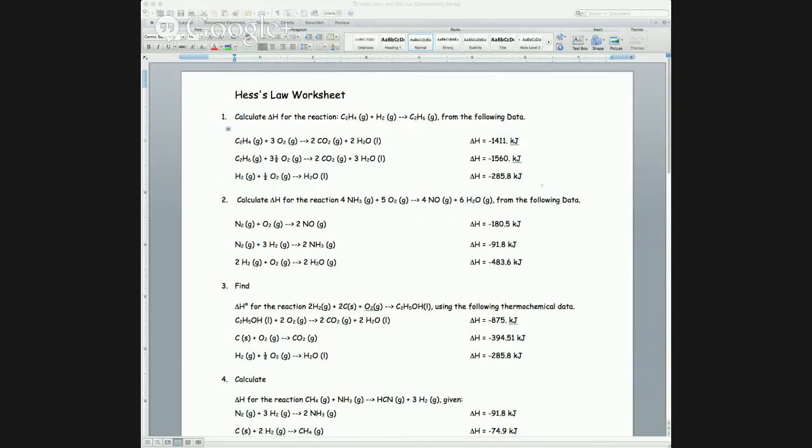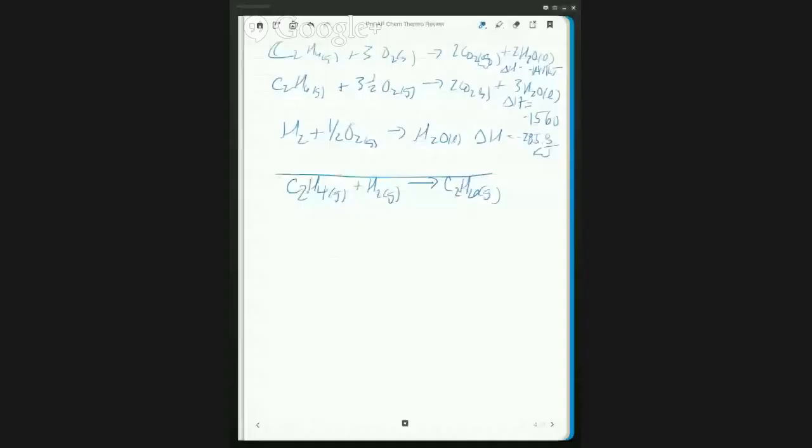Okay, so let's do this real quick. It's probably not very easy to read, but we have a final equation. So step one, I always make step one the writing of the final equation down at the bottom, okay?